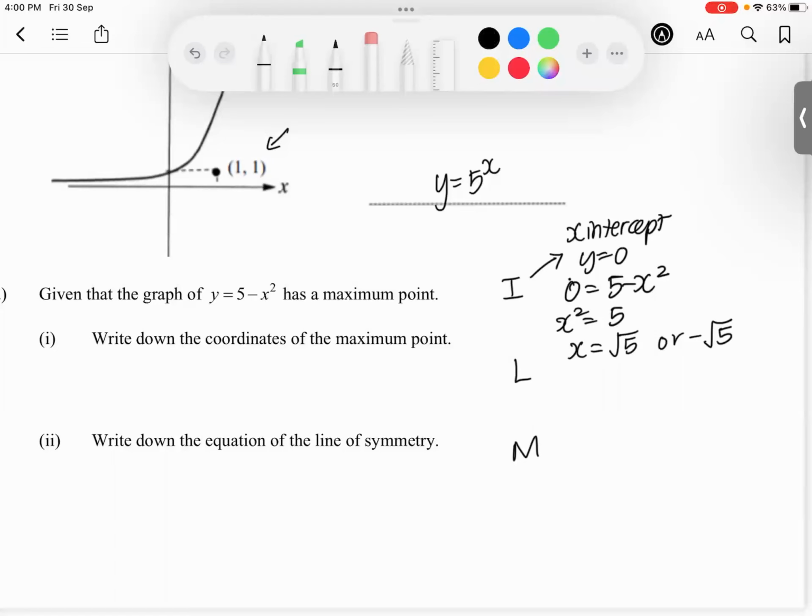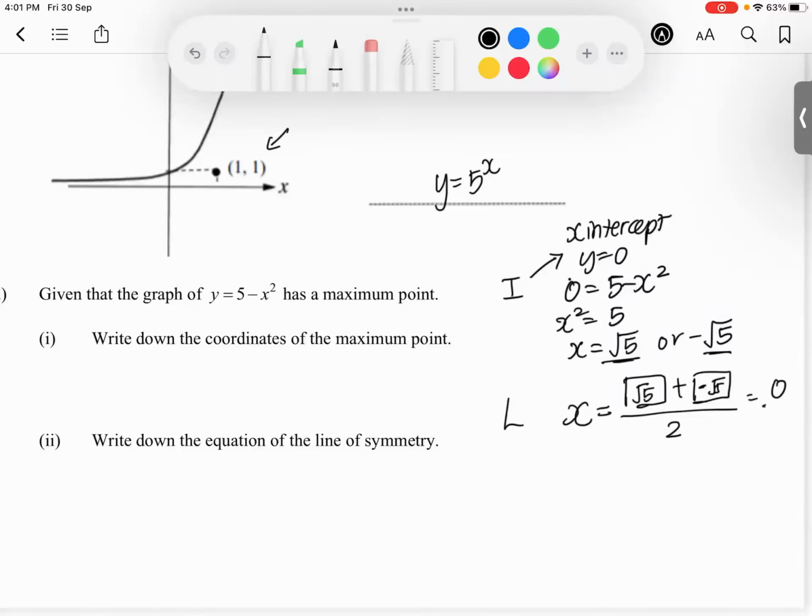What is the line of symmetry? The line of symmetry is the equation x equals, take the first number over here plus the second number over here, add together, divide by 2. Now you notice I'm not going to use decimal places. I'm going to plug it in exactly. Root 5 plus negative root 5. One is positive root 5, one is negative root 5.